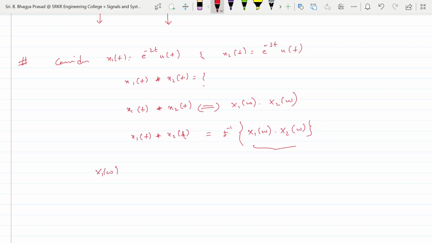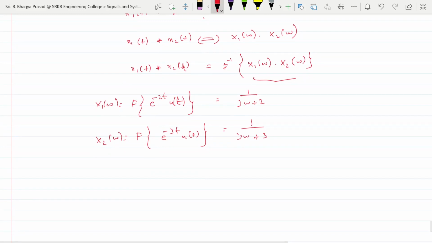It is the Fourier transform of e power minus 2t u of t, and x2 of omega is the Fourier transform of e power minus 3t u of t. These are standard transform pairs: 1 by j omega plus 2, and 1 by j omega plus 3.